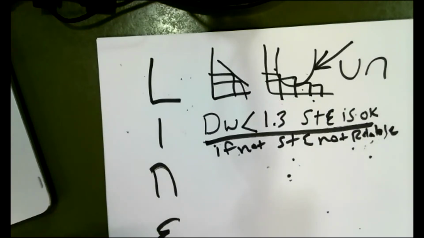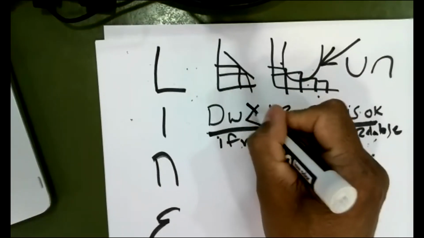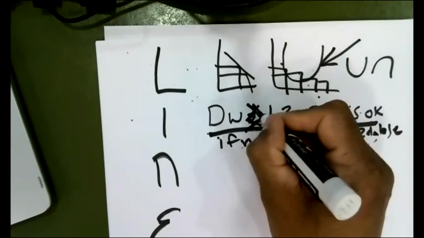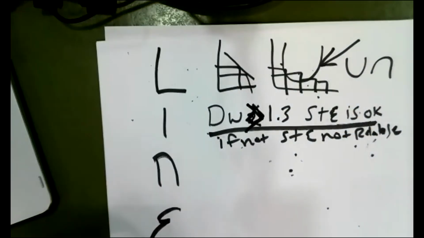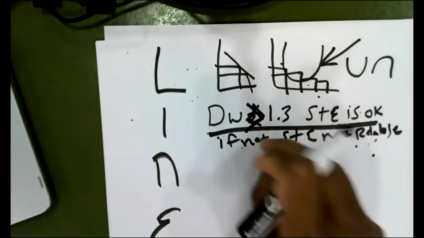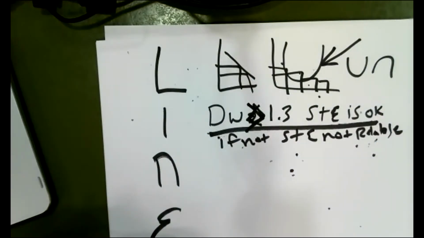So it has to be greater than 1.3. Sorry, the Durbin-Watson has to be greater than 1.3. And if it's greater than 1.3, then our standard error is okay. If it's not greater than 1.3, then it's dependent. Okay.